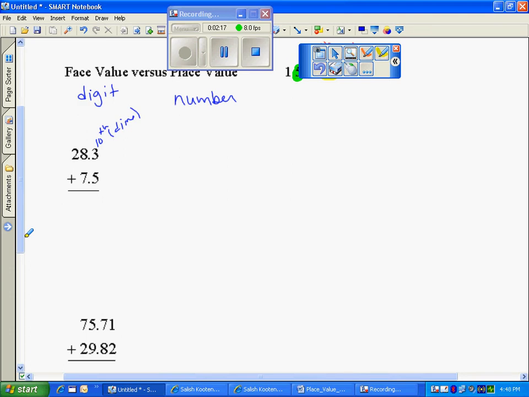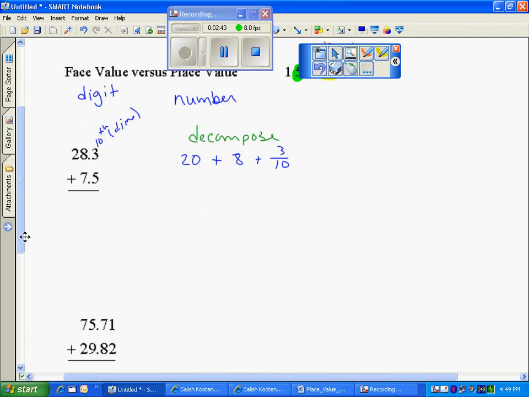In order to add decimals, we're going to do a process called decompose. So when we decompose something, that means we're going to take it apart. So I'm going to decompose the 28 and 3/10 into 20 for the tens, 8 for the ones, and 3/10 for after the decimal.